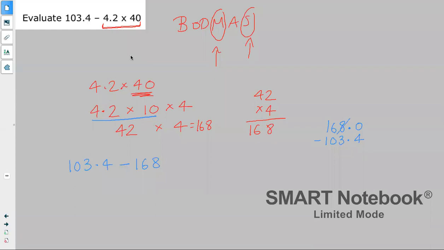This is the traditional method. Borrow 1 from your units column, so it's 10 take away 4, which is 6. Decimal point, line them up. 7 take away 3 is 4. 6 take away 0 is 6. 1 take away 1 is nothing. So that's the difference between them. But remember, you've started with the 168 and taken away your 103.4. So your answer to this one here is going to be negative 64.6. Okay.